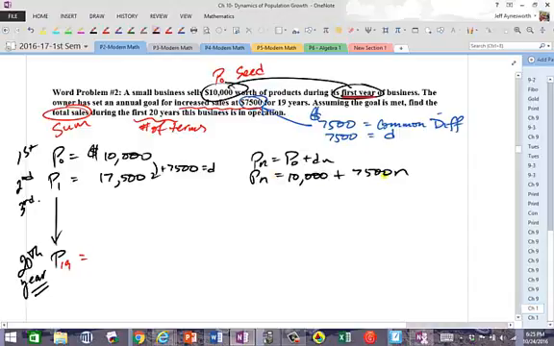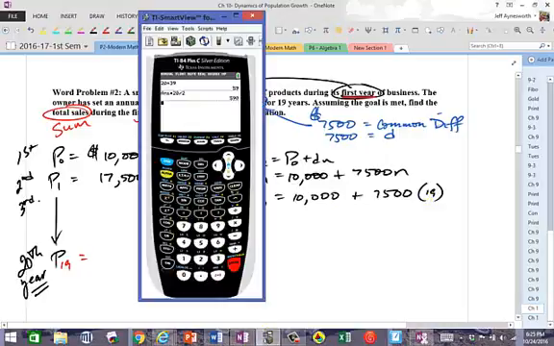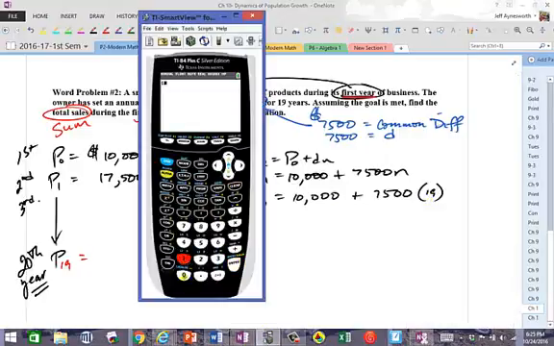Now I need to find P sub 19, so I take 10,000 plus 7,500 times 19. No big deal on the TI-84, you can handle it. Just make sure you put the right number of zeros in. 10,000 plus 7,500 times 19 should be a good size number.